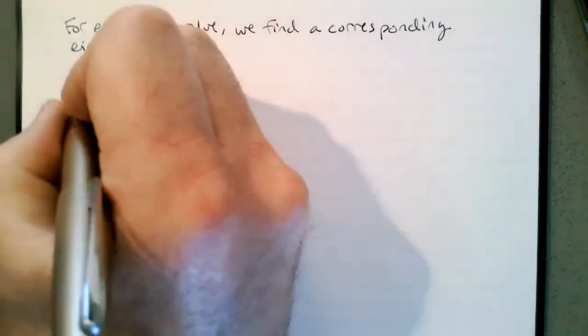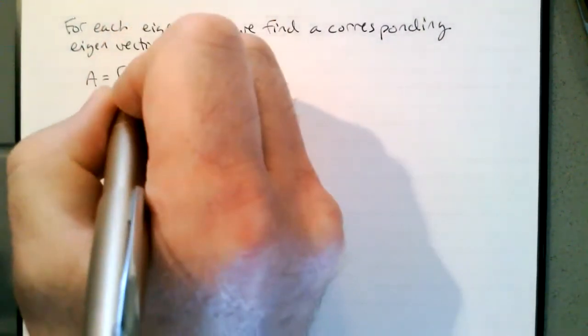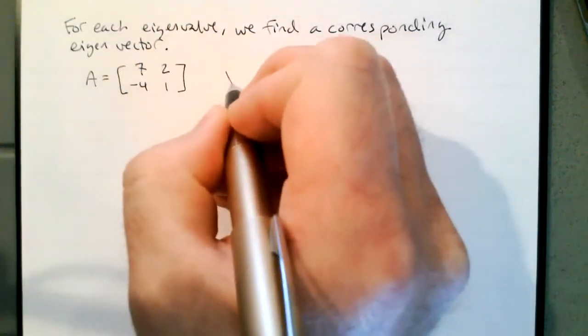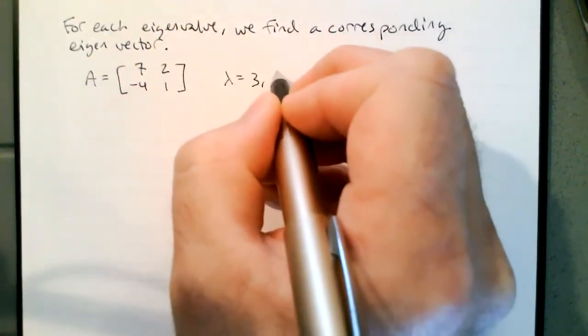So our matrix A was 7, -4, 2, 1, and our eigenvalues were 3 and 5.